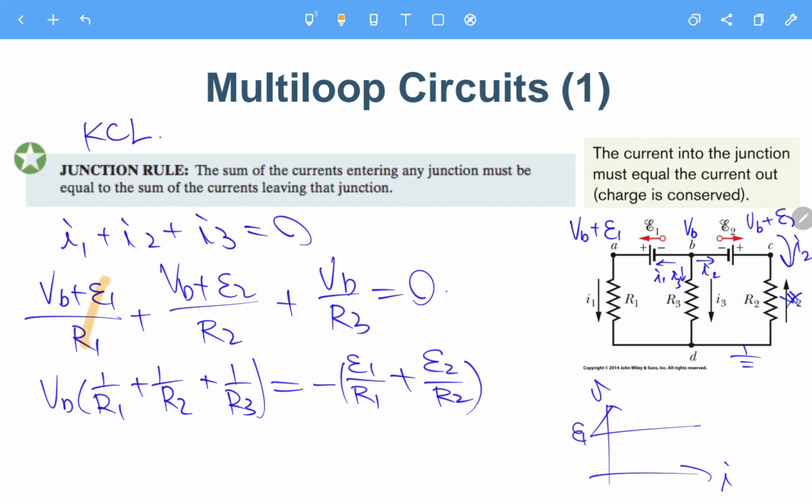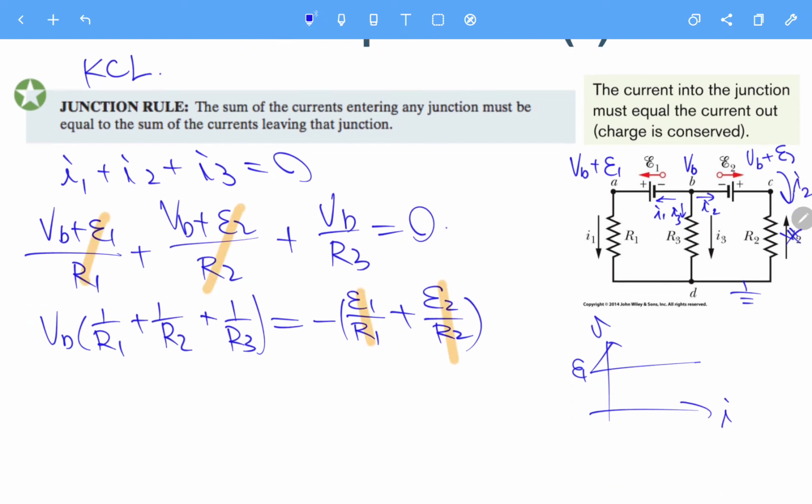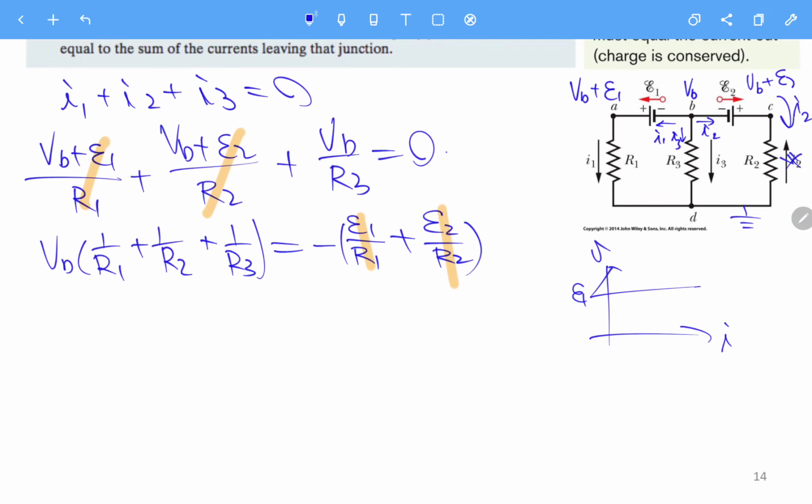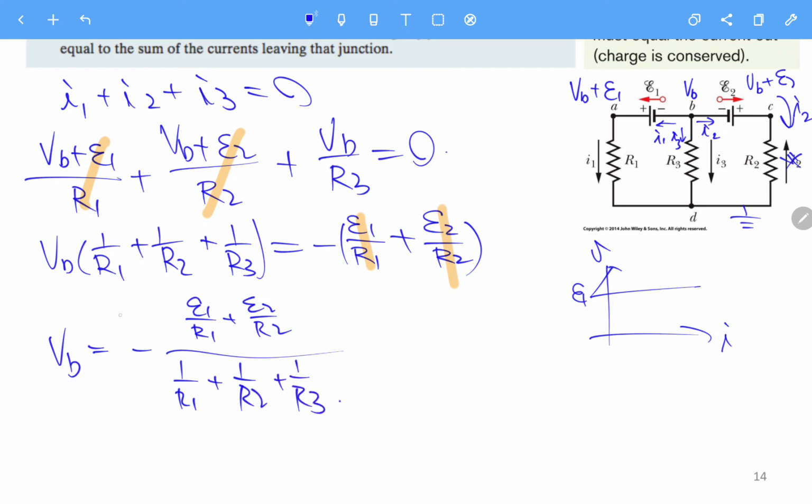So here we can find VB to be negative E1 over R1 plus E2 over R2, over 1 over R1 plus 1 over R2 plus 1 over R3. And when you already find VB, then you can quickly find VA, VC, and all the currents.